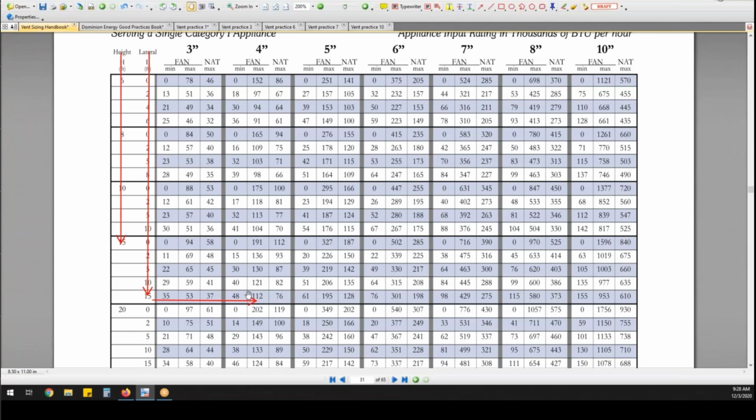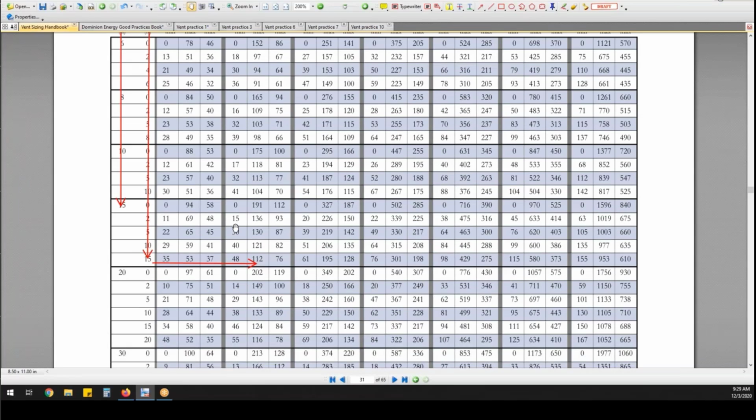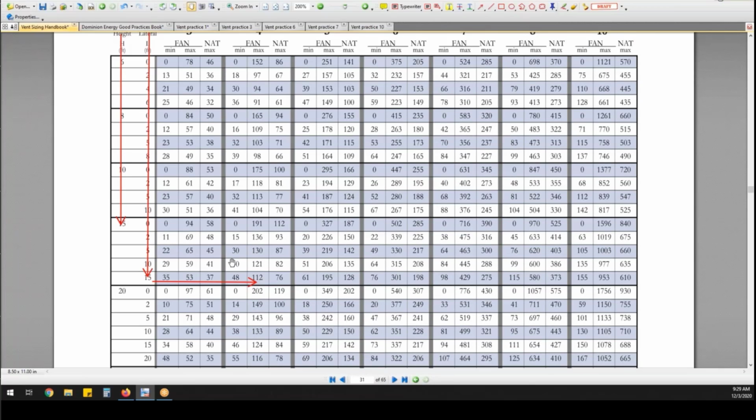So we could do this flue with type B double wall connectors. Remember, our main stack will always be double wall, and it can be 4-inch because I've got my minimum amount of heat and I'm not exceeding my maximum amount of heat energy. So I can keep it hot enough to work, but I'm not going over what the physical size of the pipe will allow me to push through it.